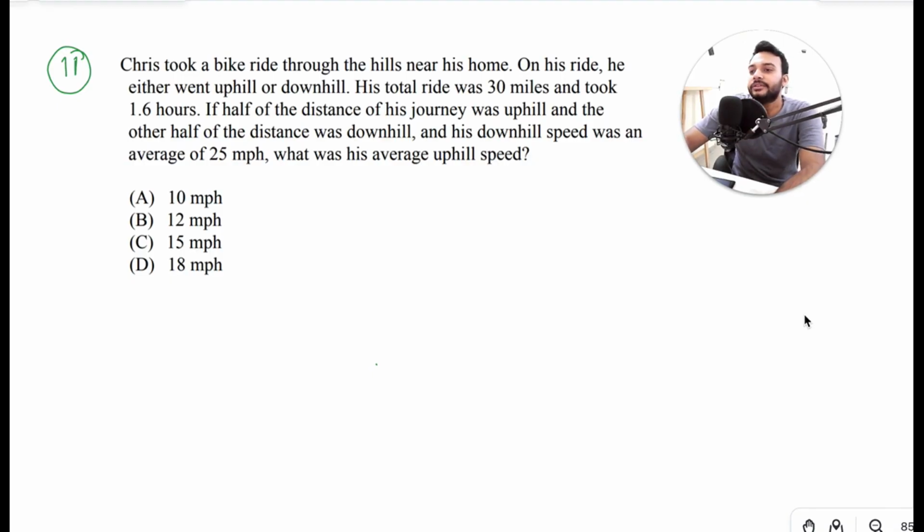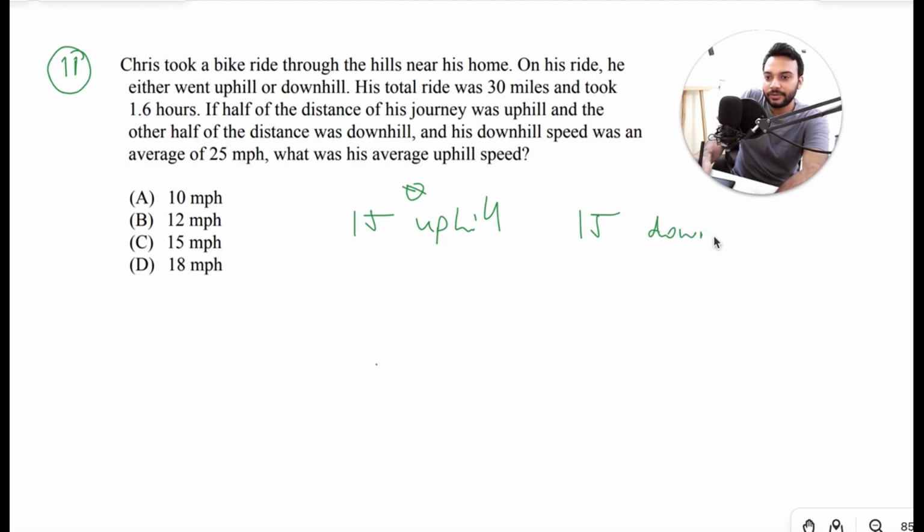Okay, so the total distance was 30 miles, 15 uphill, 15 downhill. Now the total time he took was 1.6 hours. If his speed downhill was 25 miles per hour, from there we can calculate how much time he took for the downhill journey.